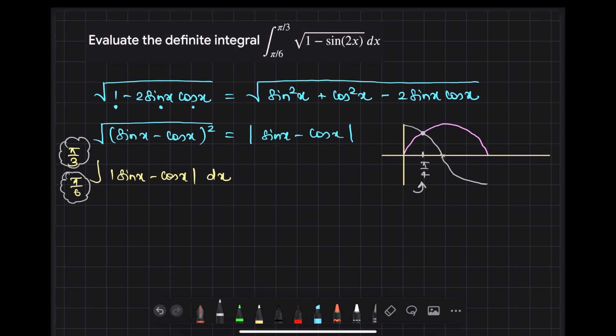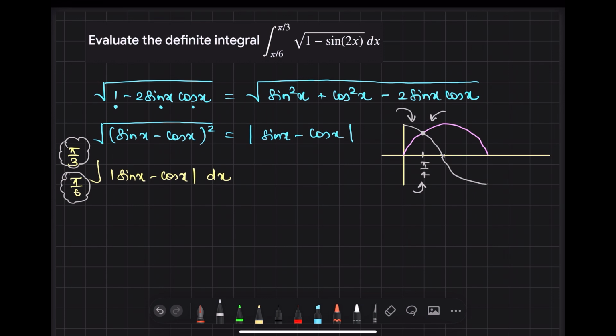So before 45 the gray function is bigger than the purple function, so you will be writing cos minus sine. After 45 the purple function is bigger than the gray function, so you will be writing sine minus cos.